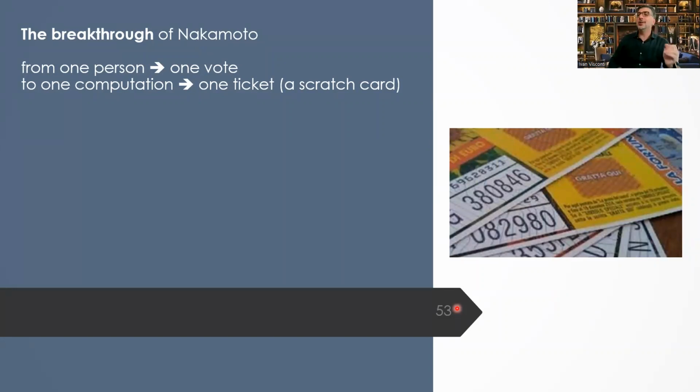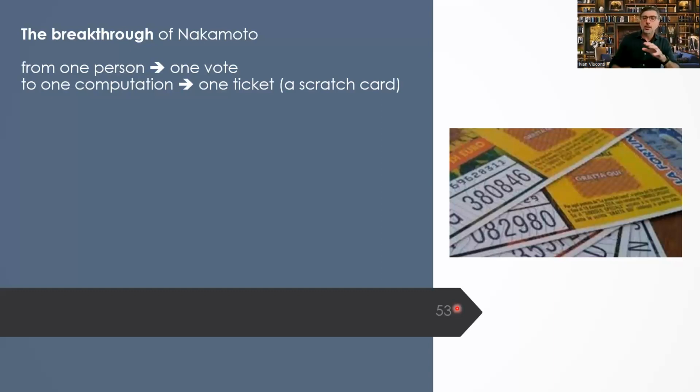Not an election, but a lottery. The idea of Nakamoto is to have computations to measure the amount of entities participating in the system. So an entity doesn't count as one; it counts for how many computations it can do. And these computations should essentially produce tickets of a lottery, so that somebody can claim, I won the lottery.